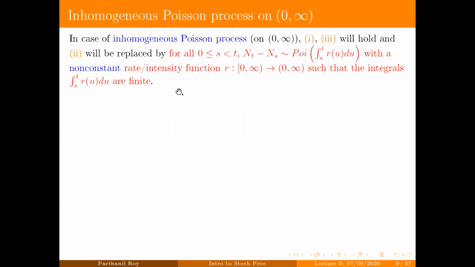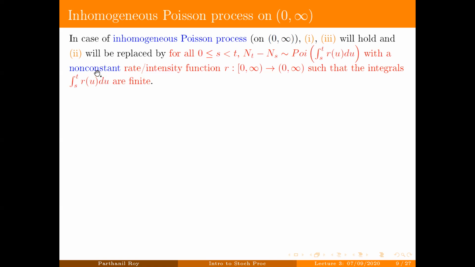Now this function r would be a non-constant function defined on 0 to infinity, taking values in positive reals. Okay, so this is a function whose domain is non-negative reals and range is positive reals. Codomain is positive reals.